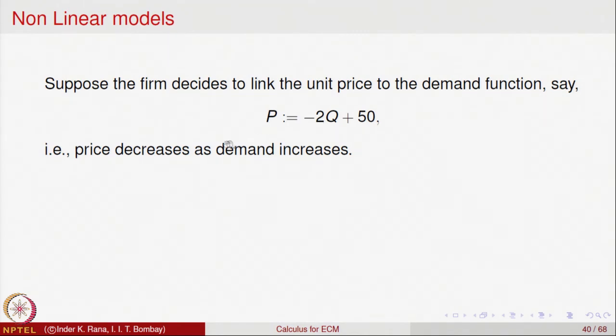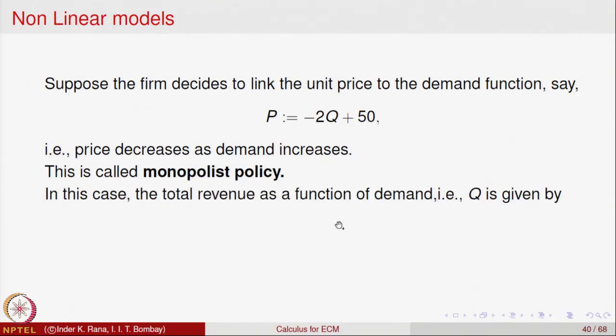Here the price decreases as the demand increases. If Q increases, P is decreasing. This is perfectly okay, that depends on the company what price relationship they want. This is called a monopolist policy, in which the price is linked with the demand.